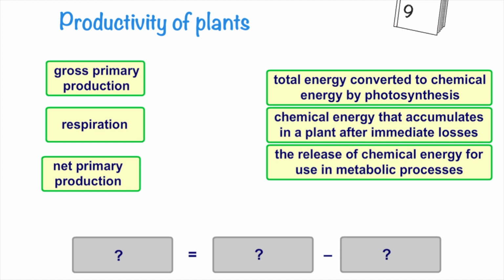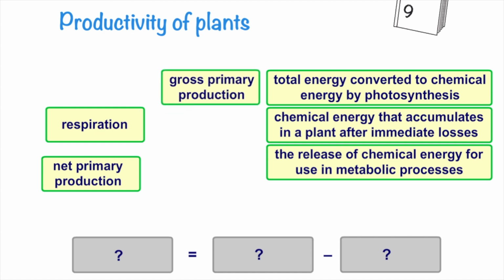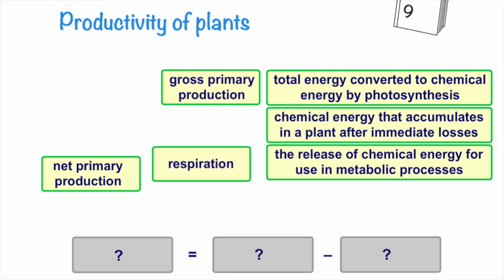First, gross primary productivity is the total amount of energy that is converted to chemical energy due to photosynthesis. Out of this GPP, there is always energy that is wasted by the plant to stay alive by means of respiration. That's the release of energy.